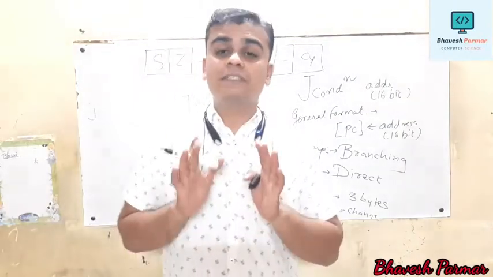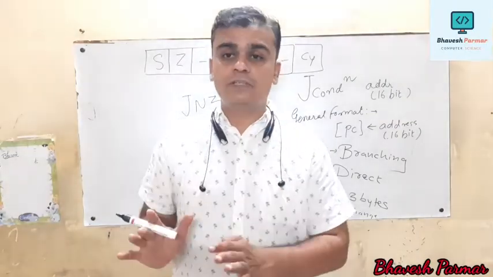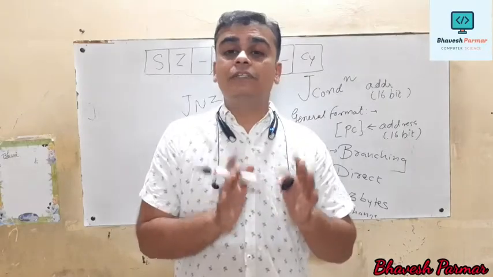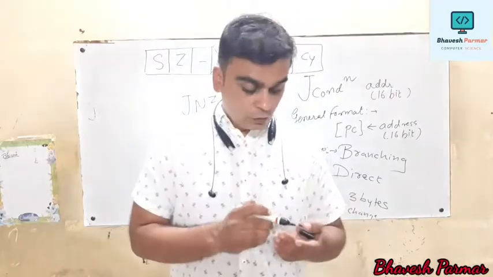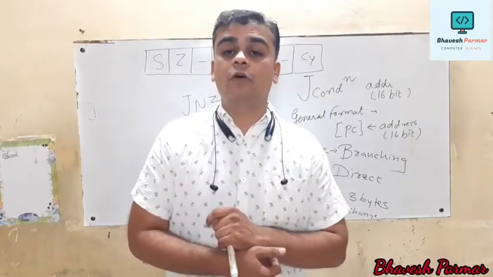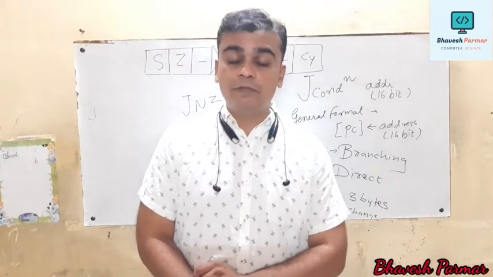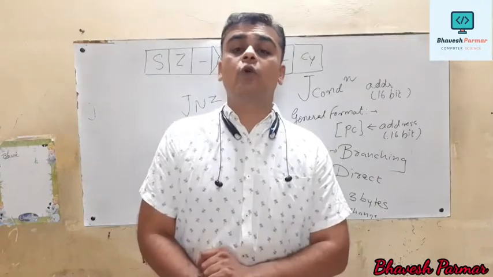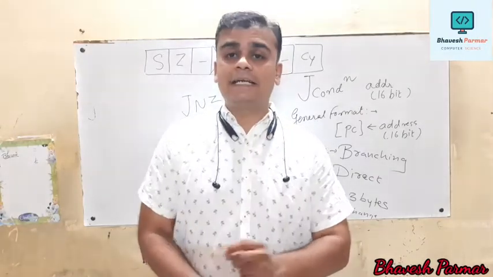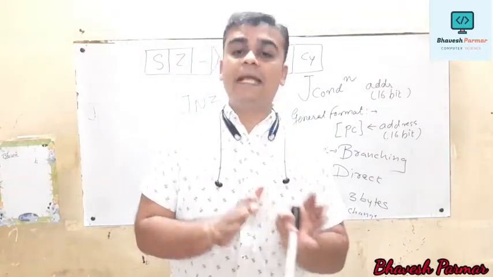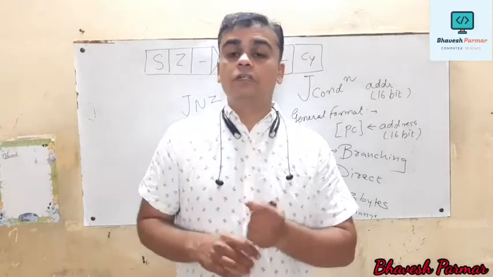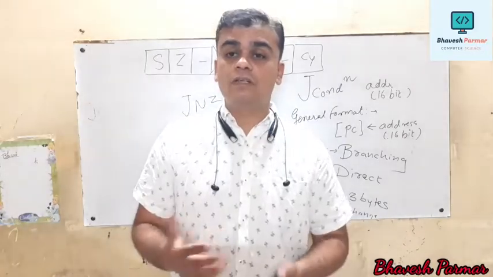So guys, if this type of question is asked in your HSC board examination, explain jump instruction in detail, this may be asked for 3 marks. In that case we have to write down what we mean by jump instruction, and we also have to explain the related types, that is conditional jump and unconditional jump instruction. So how does a conditional jump instruction work?